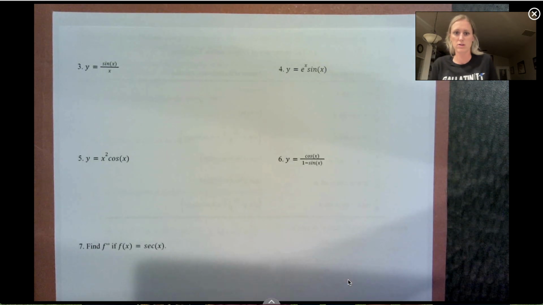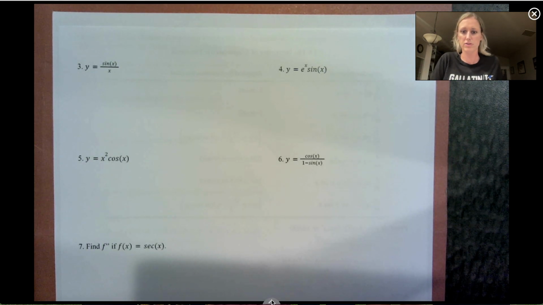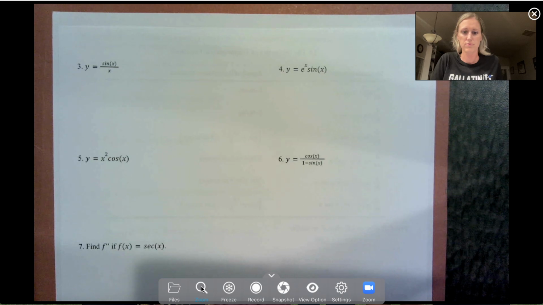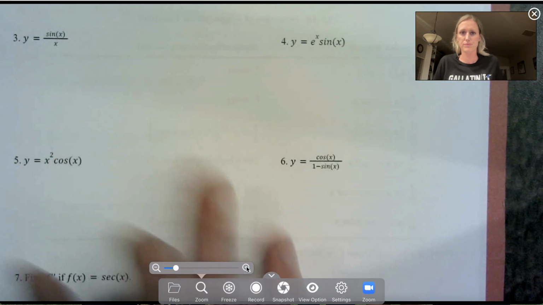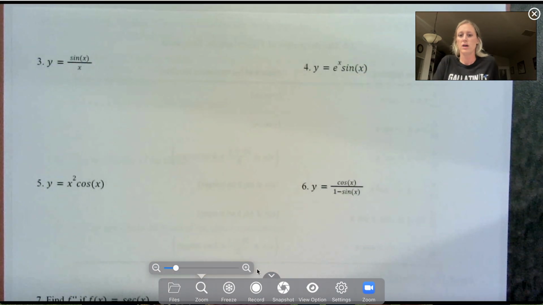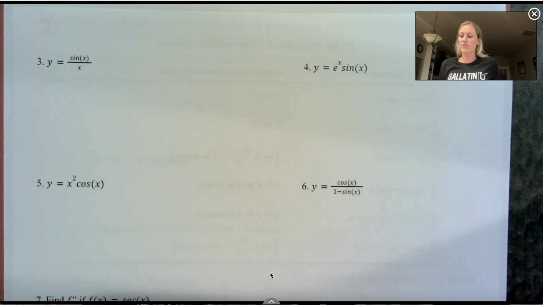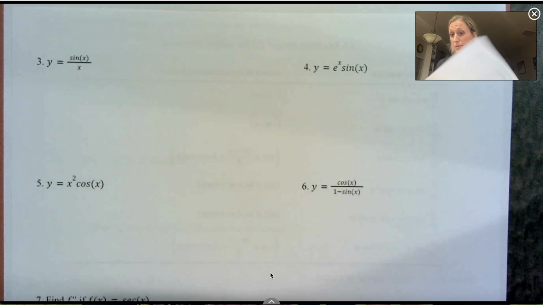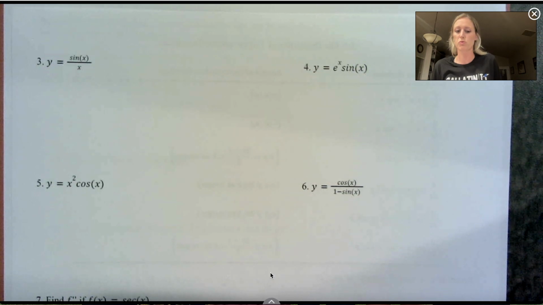All right. I'm going to zoom in just a hair more, you guys. Okay. For this next one, we have sine x over x, so we know the limit of that is 1, but what is the derivative?